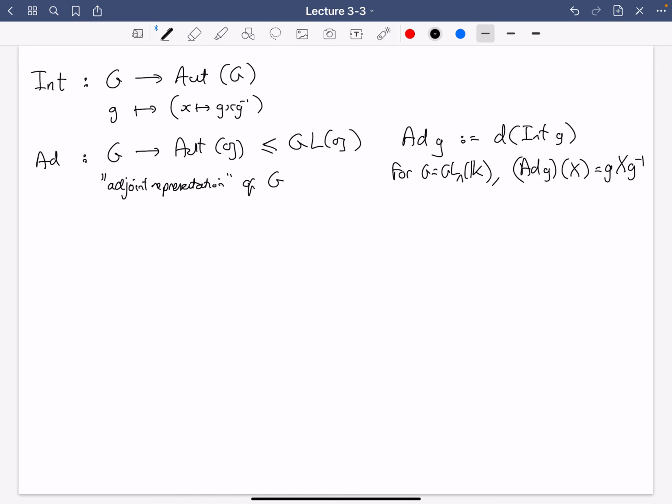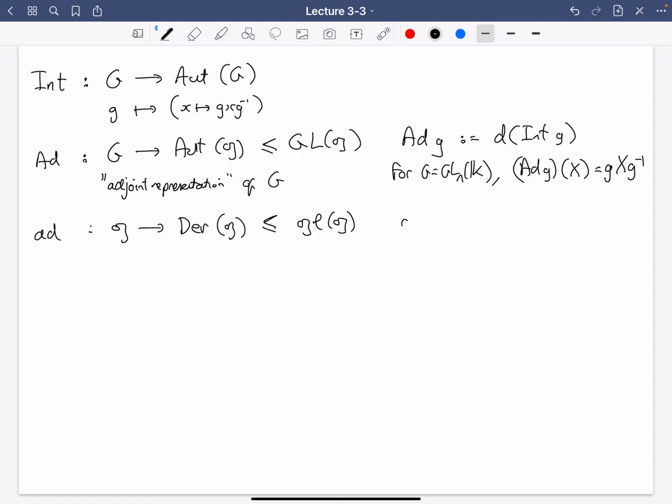So we'd done that. And then finally I had this little ad, which was this big Ad. This is a morphism of algebraic groups, so you can differentiate it. Its differential gives you a Lie algebra homomorphism from the Lie algebra g to the Lie algebra of derivations of g, which is a subalgebra of the general linear Lie algebra.